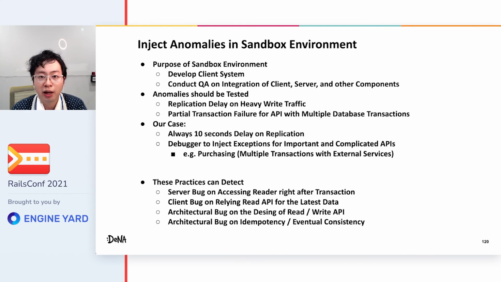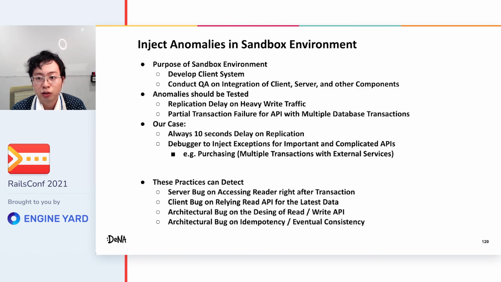Also, we inject anomalies in the sandbox environment. The purpose of the sandbox environment is to develop the client system and conduct QA on integration of client, server, and other components. The anomalies should be tested there.